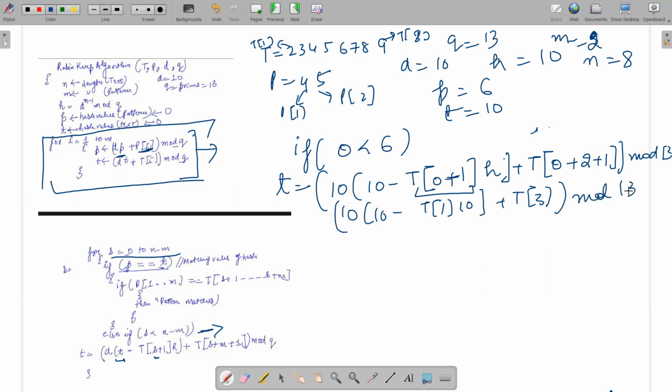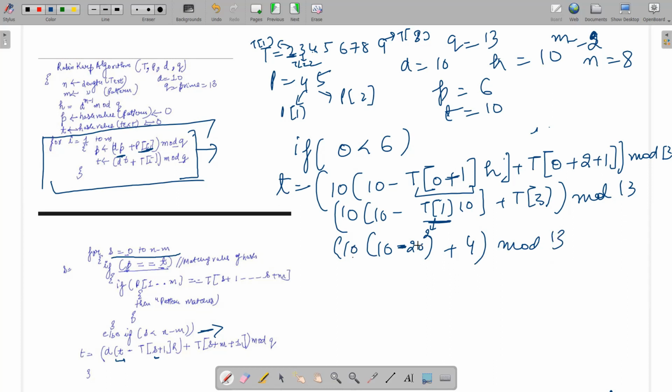That is what we have to calculate. Now, if we calculate this entire part, T of 1 is already calculated as 2. This is T of 2, and this would be T of 3. So we got 10 minus 2 multiplied by 10, which is 20, plus T of 3, which is 4, and entirely mod 13, right?